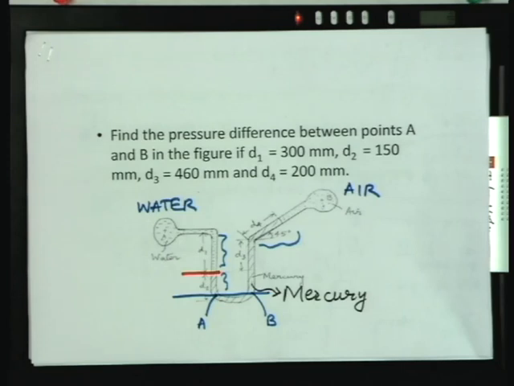So, the first question is, we have to find the difference between the pressures at point A and point B. The tubes connecting the bulbs at points A and B contain water and mercury respectively.